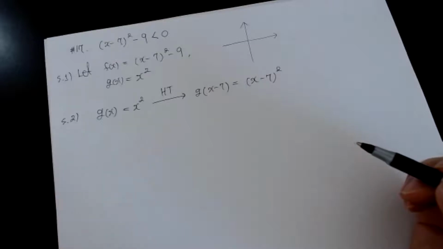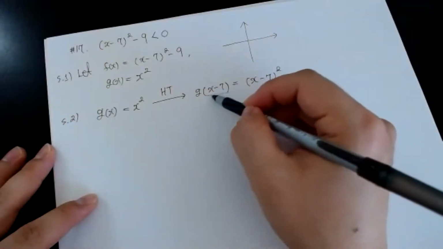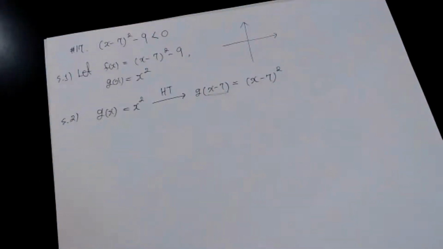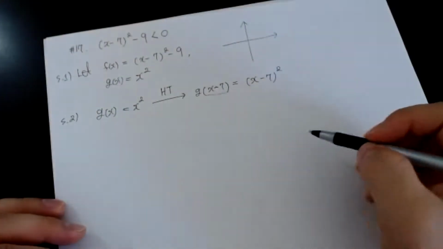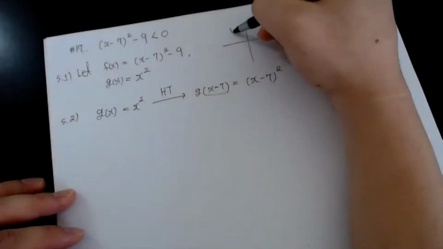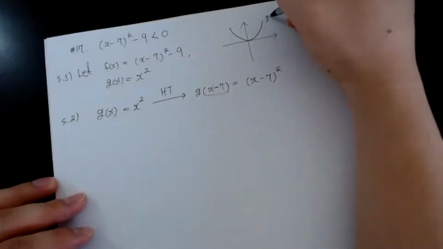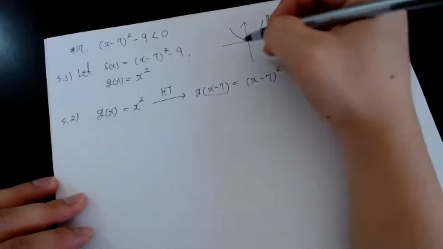Between a horizontal shift to the right or to the left: when you see x minus 7, it sounds like you should shift the graph of g to the left, because normally a minus sign means left and a plus sign means right, but this is opposite. Why? Think about the graph of g of x, the square function. When x equals 0, we get 0 as the y value, the point (0, 0).